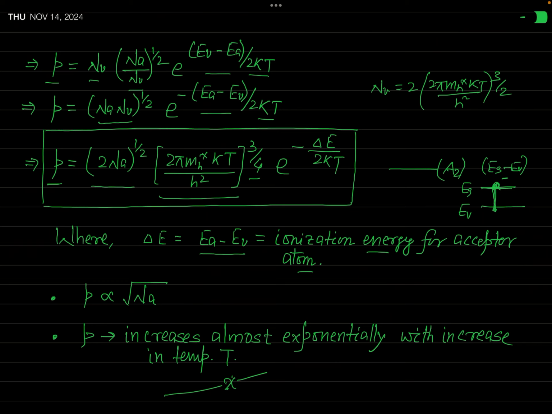And you can see from this result that this concentration depends importantly on two factors. First one is the total number of acceptor atoms, Na, and it is proportional to a square root of Na. So as the number of impurity atoms increases, the concentration of holes in the valence band in a p-type semiconductor also increases non-linearly.